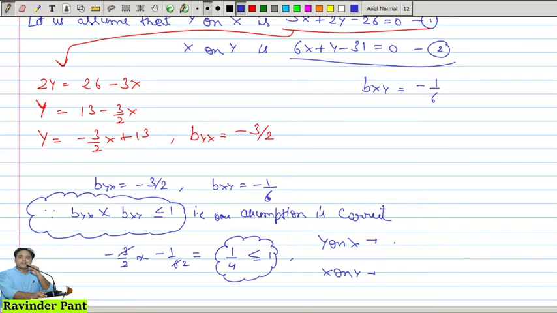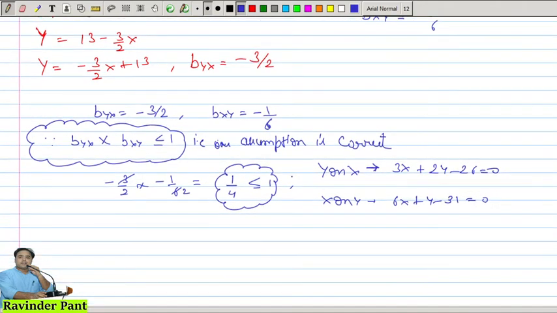So you have y on x as 3x plus 2y minus 26 is equal to 0 and 6x plus y minus 31 is equal to 0. But we need to find out the value of r. And the value of r is the geometric mean of these two regression weights.